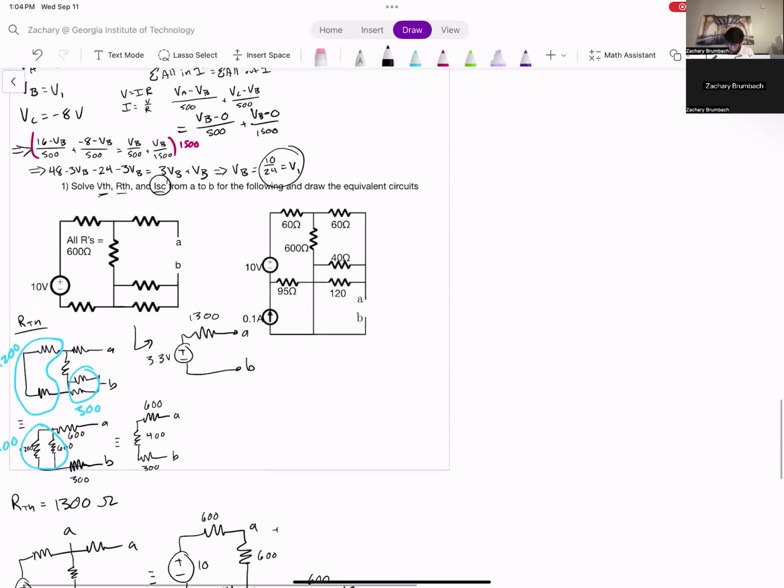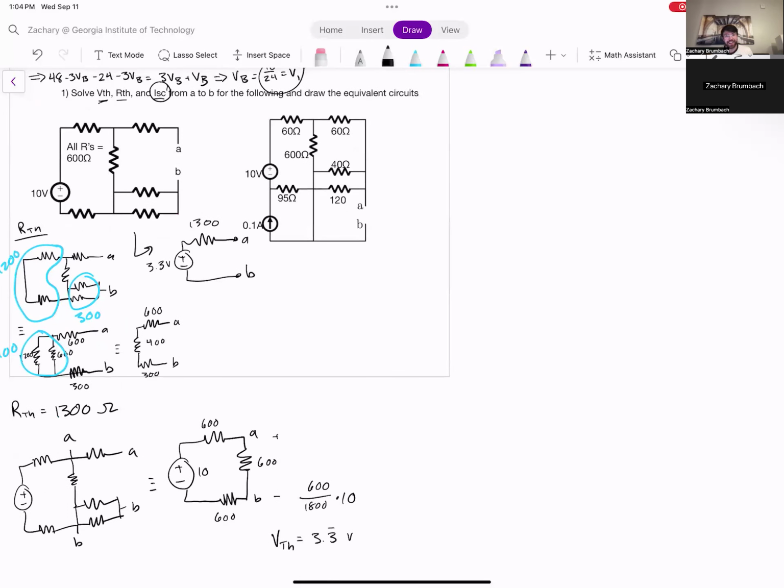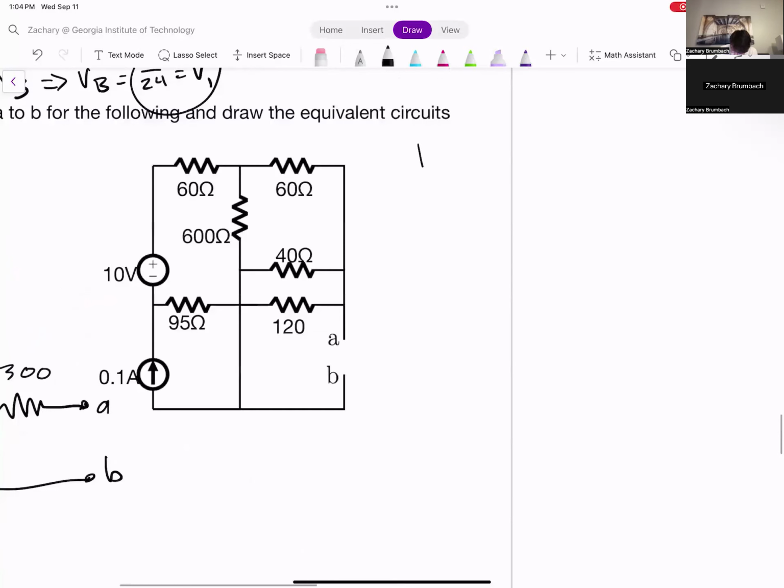This last one is a little bit more complicated. Okay. And that's okay. Still something that we can do here. So looking at this, we're first going to find R Thevenin. To do this, remember, you zero all of your sources first.